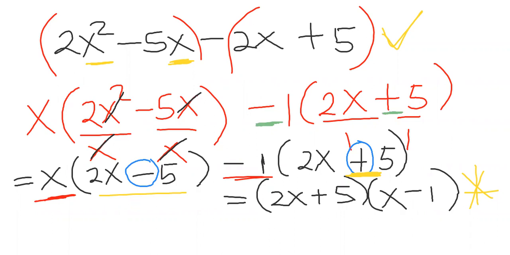I think I've been mentioning that quite a lot in the previous videos. If you have a minus sign outside the bracket, it should change the sign that is inside the bracket. So we have a minus here, we have a plus here. So this sign shouldn't be a plus.